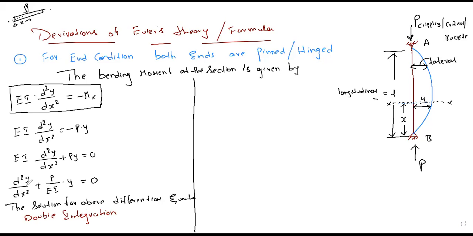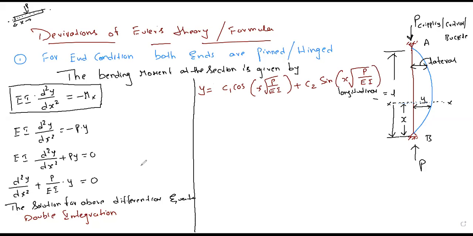When you integrate dy by dx again, what do we get? y. What is y? Deflection. Very good. So I am doing double integration of the above equation, which will be in this form: y is equal to c1 cos x root of P by EI plus c2 sin x root of P by EI.